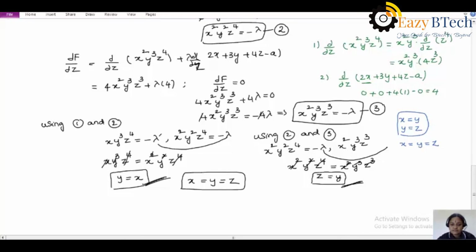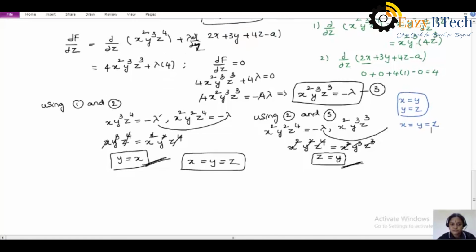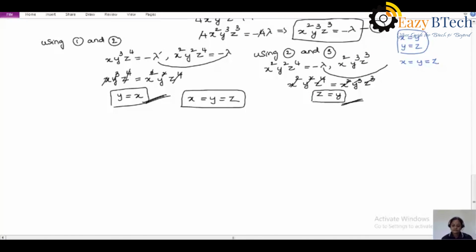Now substituting this condition into the subject-to condition. Okay students, it was given in the question that the condition is 2x + 3y + 4z = a. So substitute x = y = z in this condition.